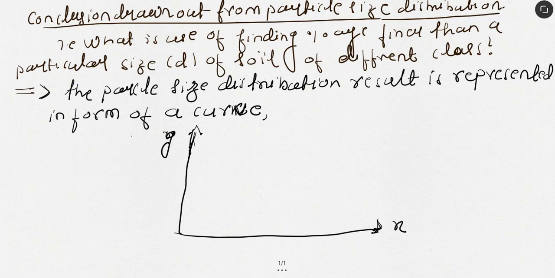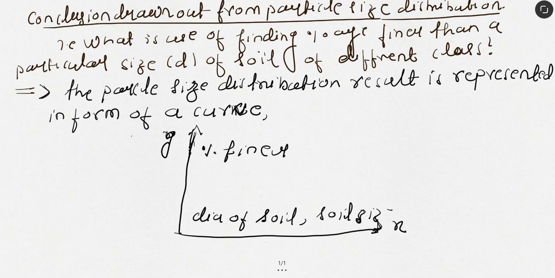So along y-axis, percentage finer that we have computed is mentioned, percentage fineness, and along x-axis the dia of soil, that is soil size, is written or mentioned in logarithmic scale, log scale, and y scale is normal scale.